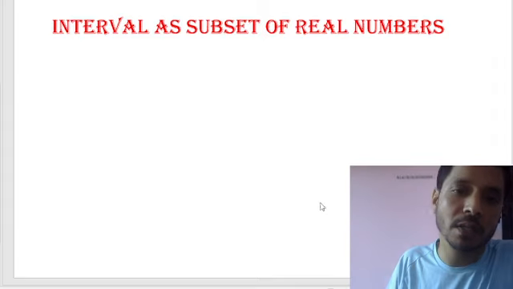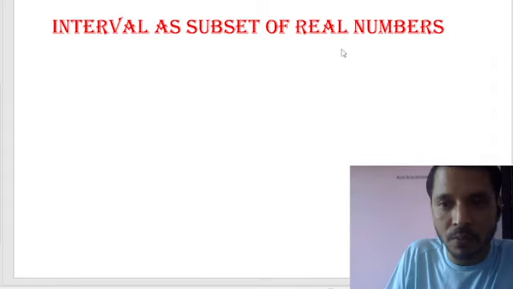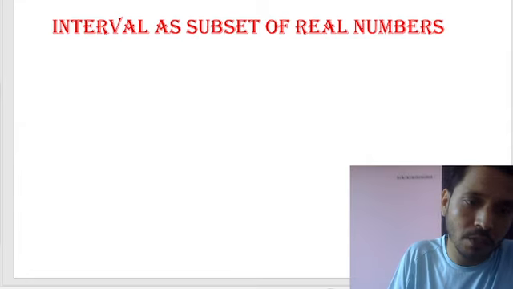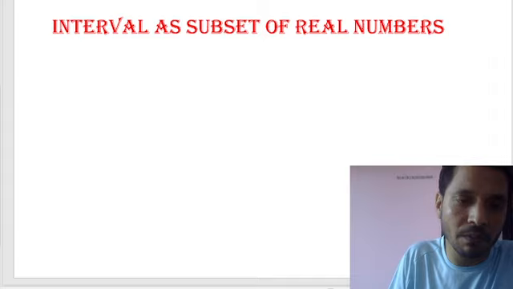So how do we write a subset of the real numbers? First of all, we are going to consider two numbers on the number line.